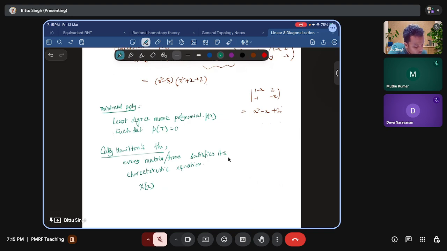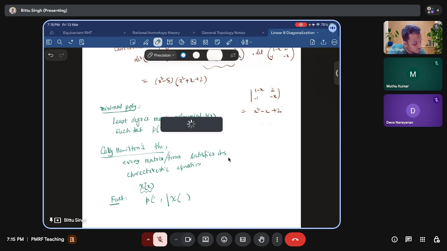So the important observation or fact is that if we take chi(x) as the characteristic polynomial, then p(T) will divide chi(T), or p(x) will divide chi(x). This is what I want to say.